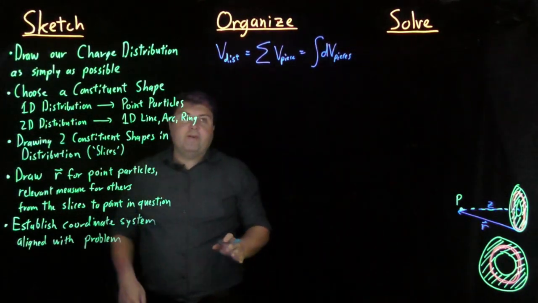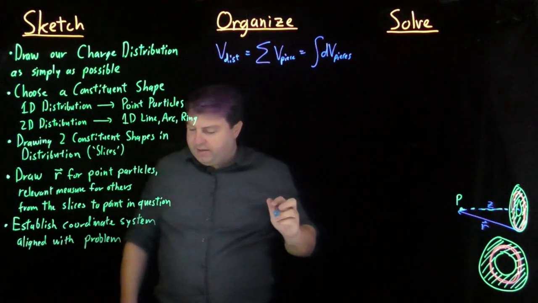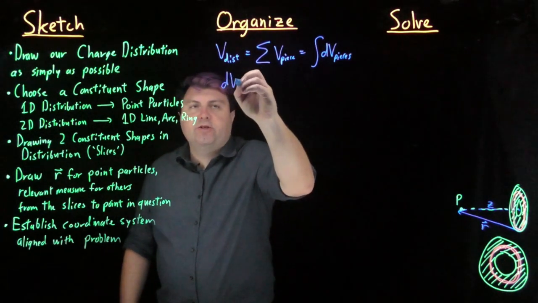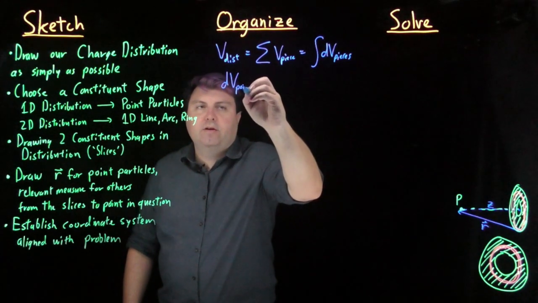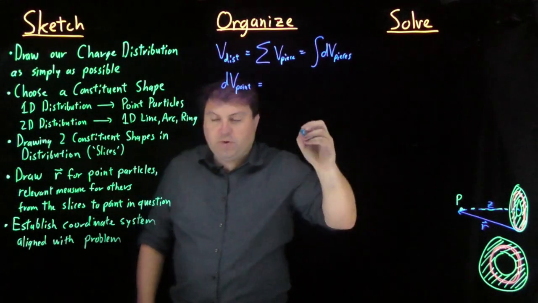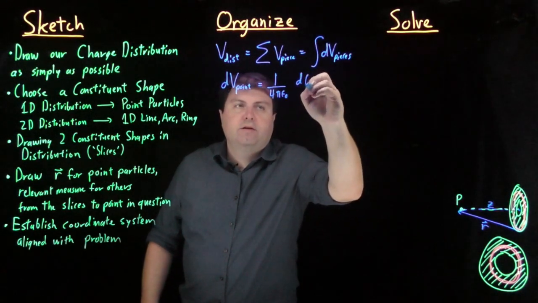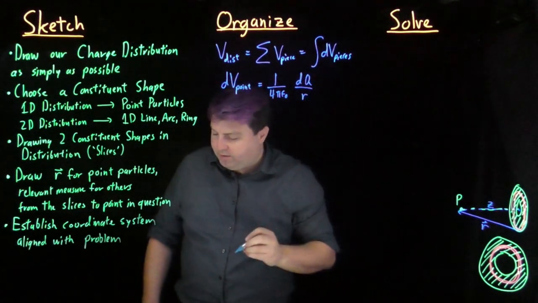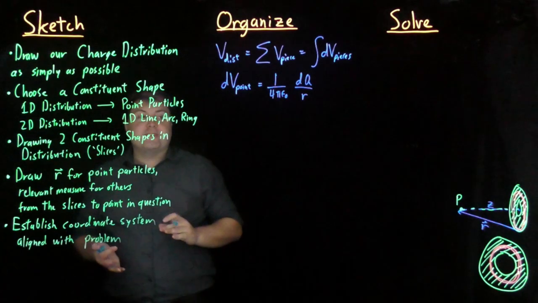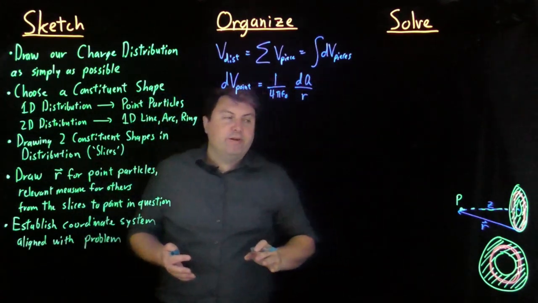So if we have a discrete set, then the differential electric potential of a point is going to be 1 over 4 pi epsilon naught dq over r. And what's really nice is, of course, we don't have to worry about the r hat like we did.